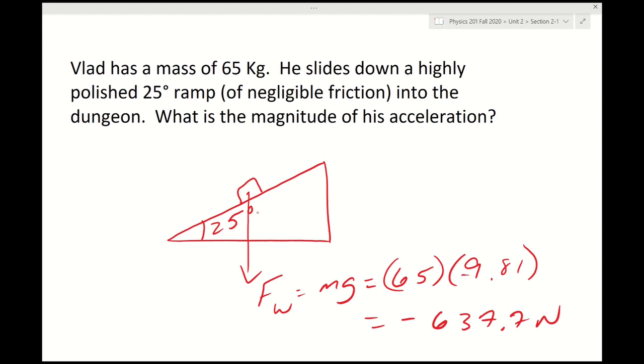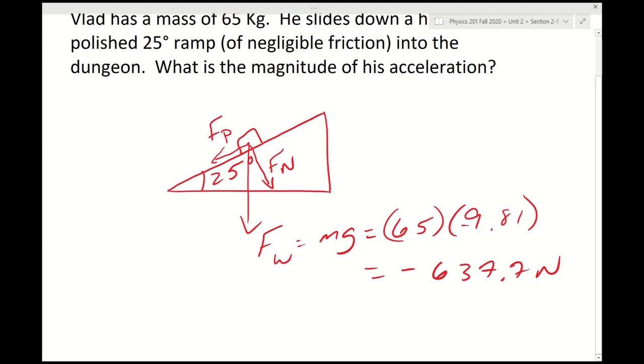Okay, so what we actually will have here is a right triangle inside, this being the Fp, simply translated. The magnitude we know was a negative 637.7, and we have a normal and a parallel force component.